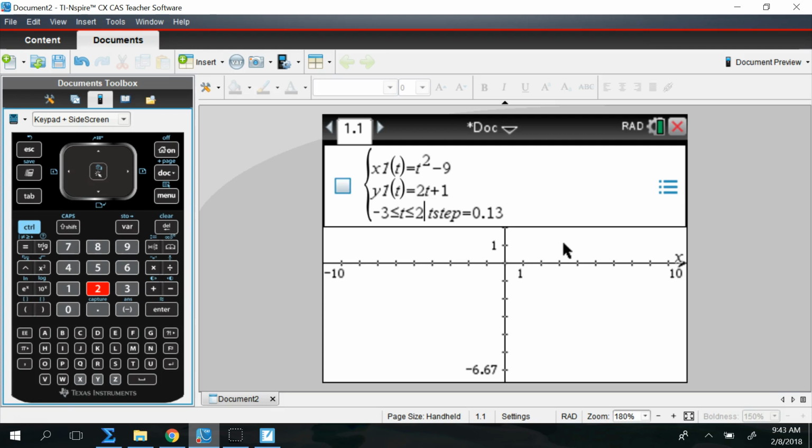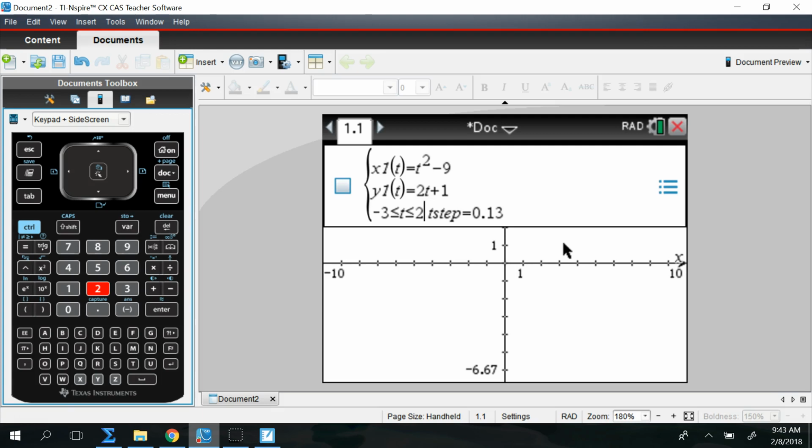Then it's going to calculate the next value at t equals -2.74. Then the next one's going to be at -2.61. And so on and so forth. It's going to calculate all of those x's and y's and plot all those points at a t distance of 0.13.